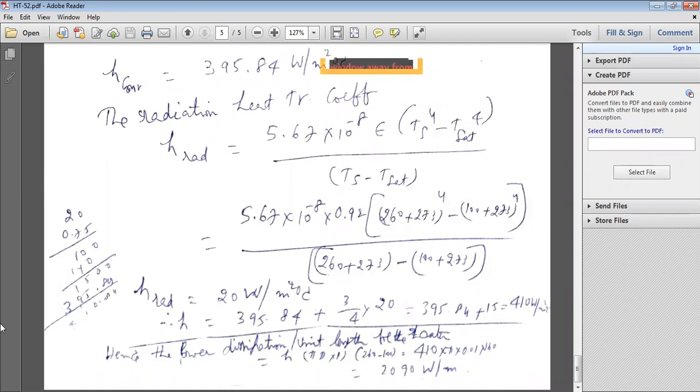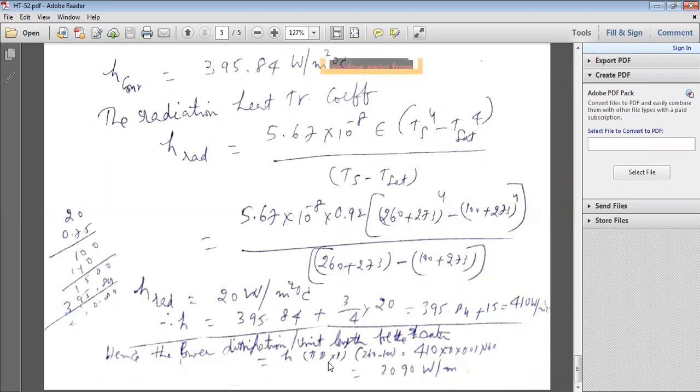That is equal to the combined H value 410 into pi into diameter 0.01 into length 1 meter into 160, that is 2090 watt per meter length. This is the heat dissipation from the unit length of that heater wire.